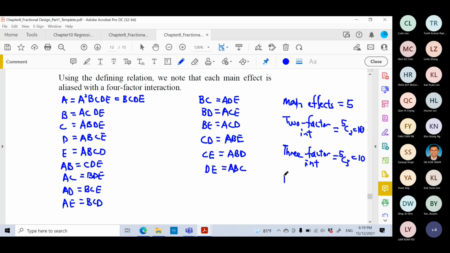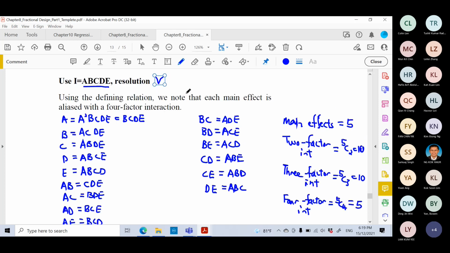You have the four-factor interactions. 5C4 will equal 5, so you have 1, 2, 3, 4, 5. Then of course you have the five-factor interaction, which is this one here. Altogether, here is a 10, here is a 10, that's 20, plus 5, and 5, and so on, so you have 30, plus one of them.